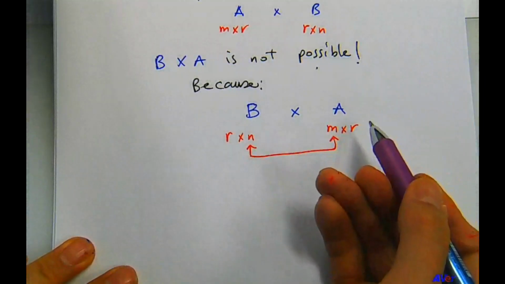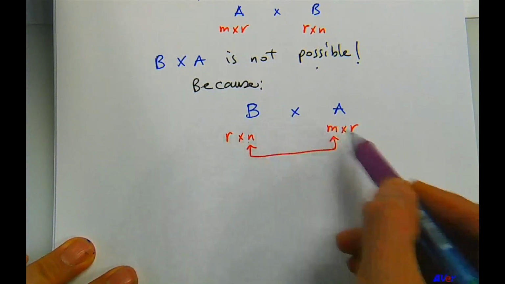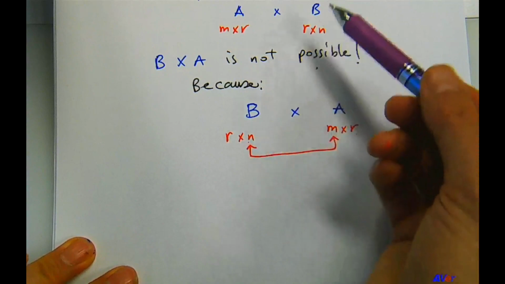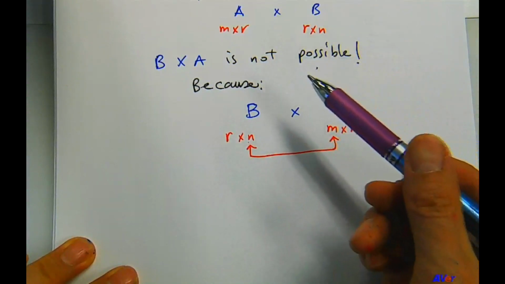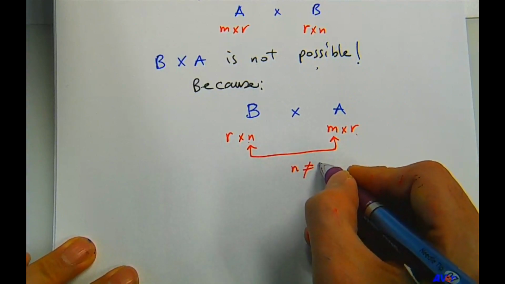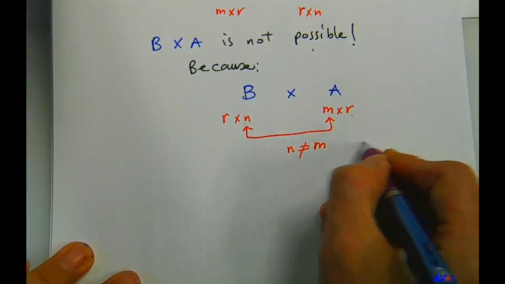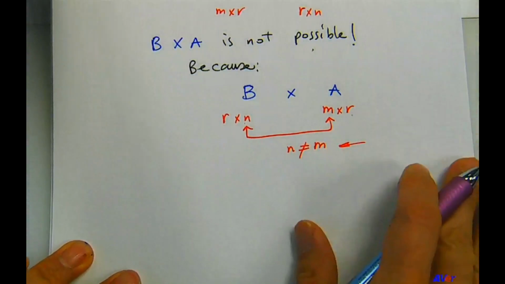In order for this to be possible, n has to be equal to m. In other words, they have to be the same letter, which was the case in A times B. But because it's a different letter, n and m are not equal. So multiplication is not possible.